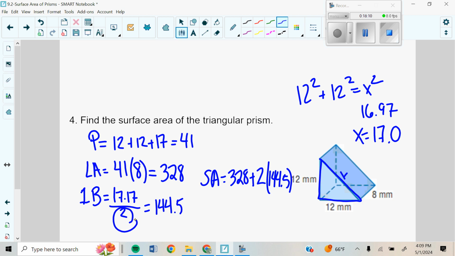So 328 plus 2 times 144.5. Oop, I put it in my calculator wrong. 144.5 times 2, and then we add our 328.